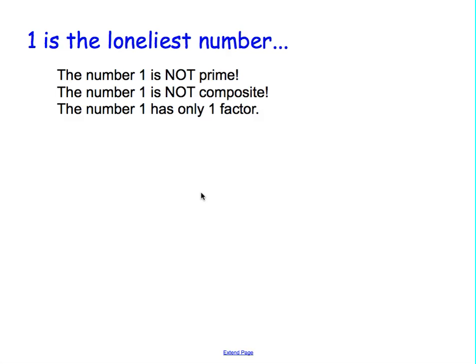It does not have 2 factors. Prime numbers have exactly 2 factors. The number 1 is not composite. Composite numbers have 3 or more factors. Well, the number 1 does not have that many factors. So it is not prime, it is not composite, because the number 1 has only 1 factor.